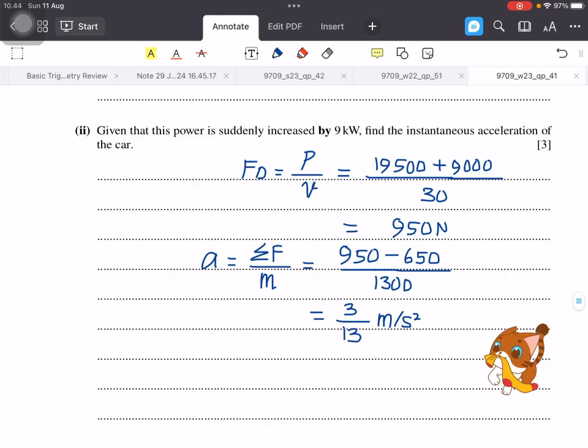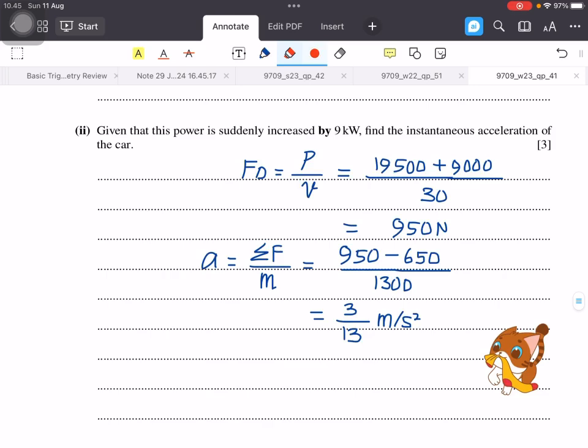So first we find the driving force using formula P divided by V. Now the power initially is 19,500 watt. Now it becomes 19,500 plus 9,000, because the question says that the power is increased by 9 kilowatt. And then divide by V, which is equal to 30 meter per second. So the new driving force now is 950 Newton.